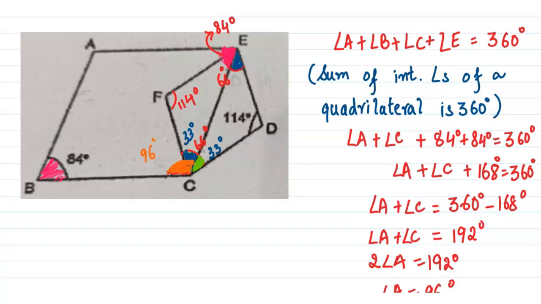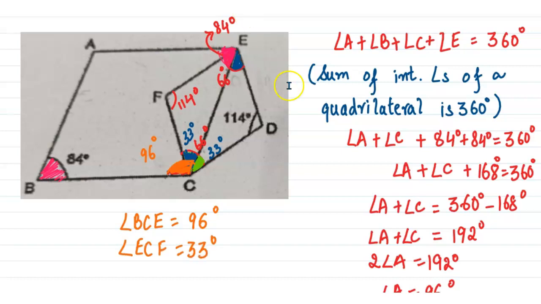96. So we can say that angle BCE is equal to 96 degrees and angle ECF is equal to 33 degrees.